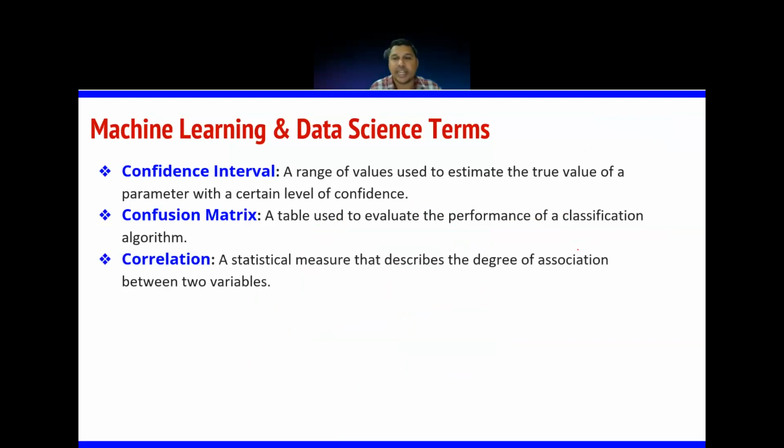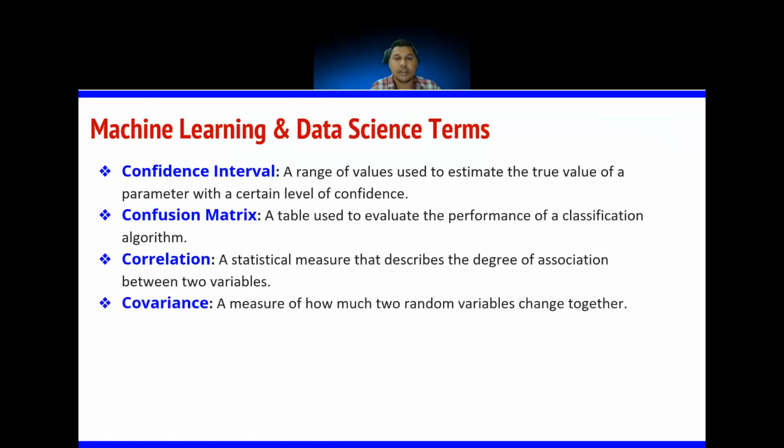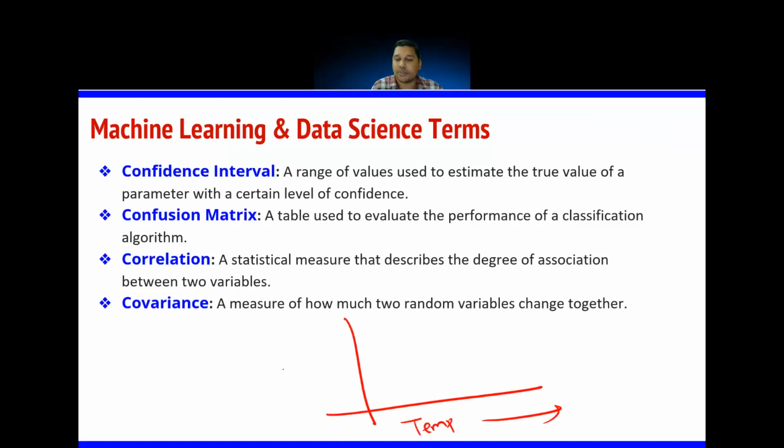Correlation. Degree of association between two variables. How are those two variables related to each other? Covariance. It is a measure of how much two random variables change together. The example of ice cream and temperature: when the temperature is increasing, the ice cream sales are also increasing.